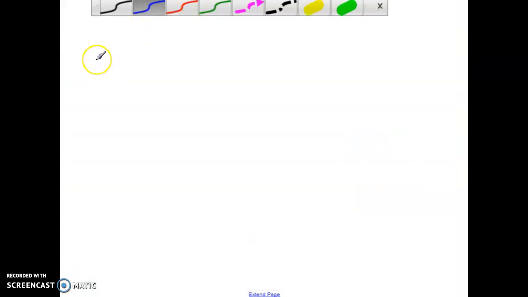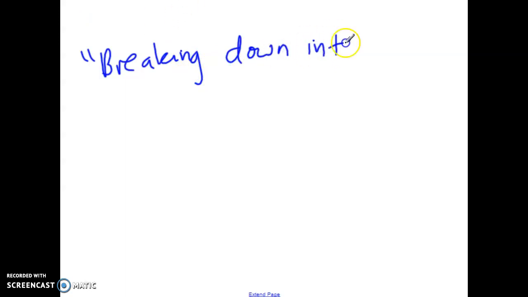Sometimes with decomposition, we will say breaking down into its elements. Essentially, if something is breaking down into its elements, it's decomposing into its elements, kind of what it sounds like.